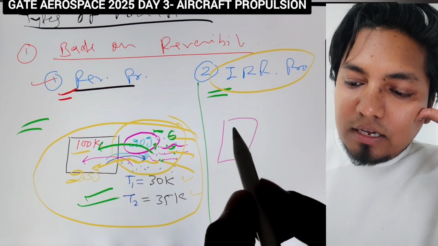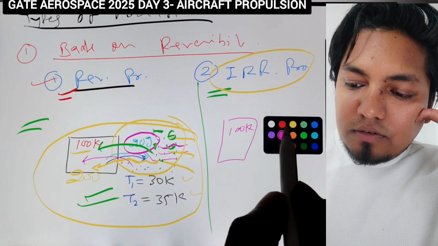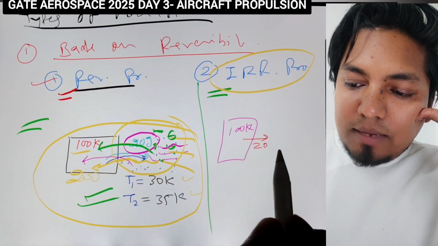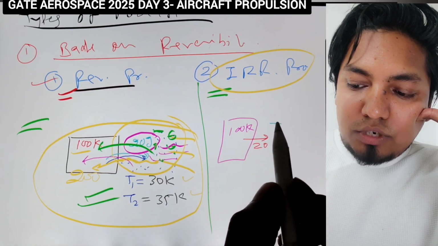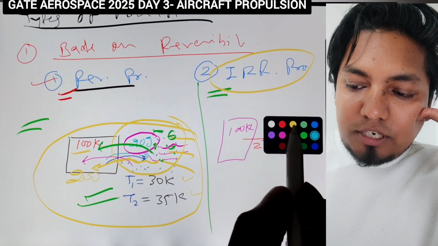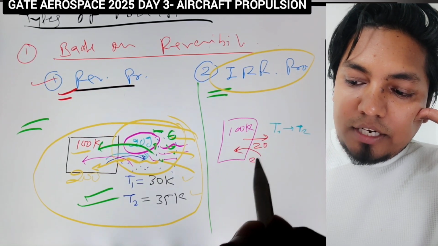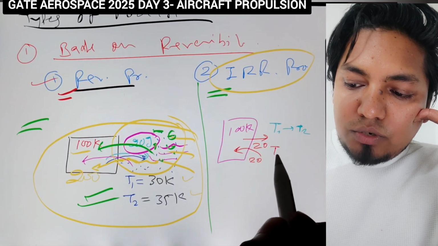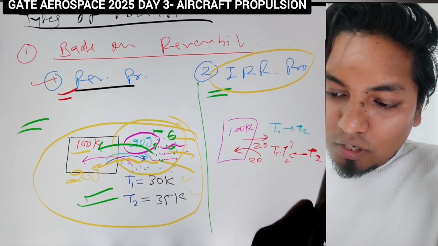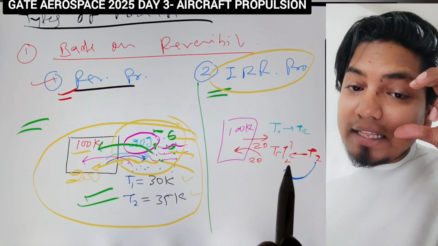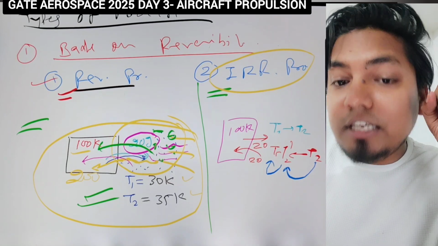Because of that, the outside temperature changed from T1 to T2. Now I am sending this 20 joule heat inside again, but I am not reaching the T1 temperature. I am reaching some T2 dash temperature. It means from T2 to T2 dash, but I have to reach T1. So this gap which you are not able to overcome, that we call irreversibility.